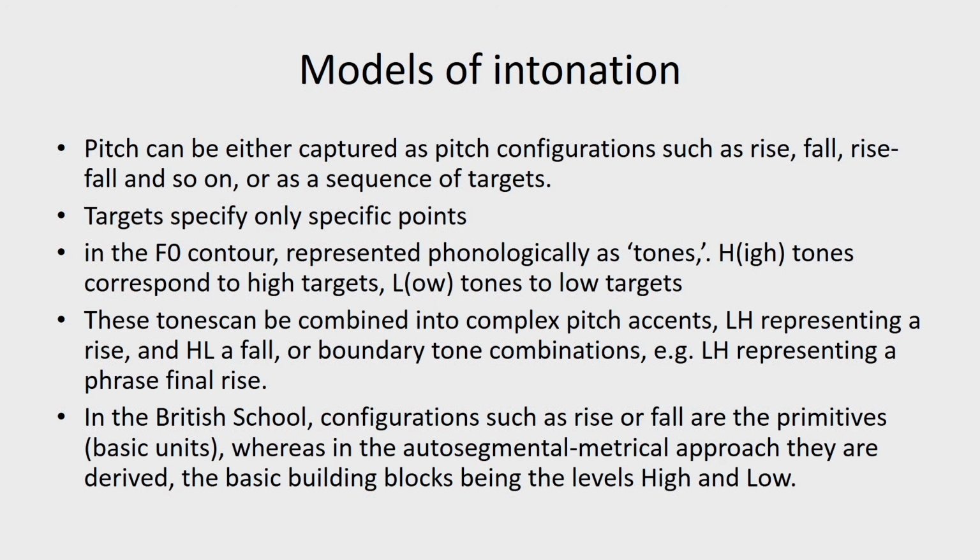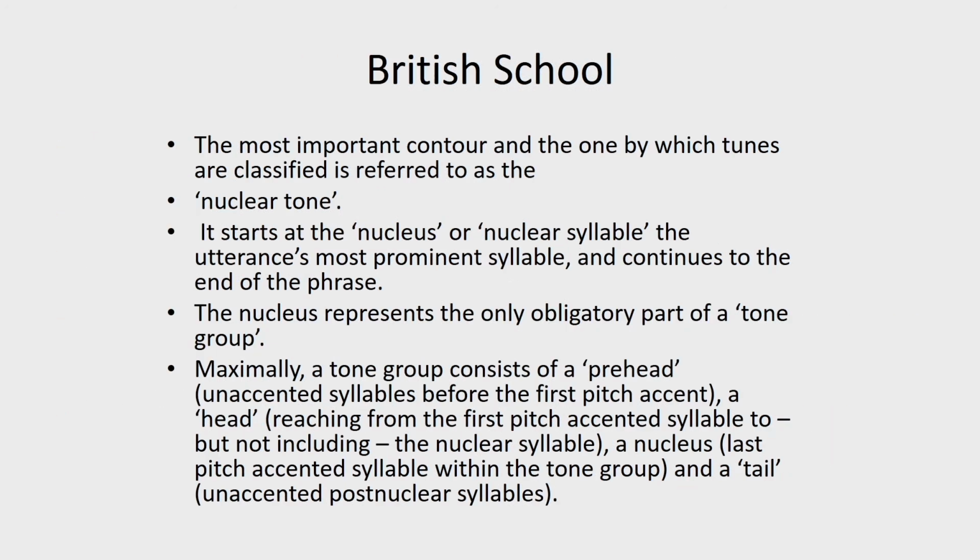So what are the models of intonation? We have the British school, which uses rises and falls as primitives, and then we also have the autosegmental, which uses high and low. The British school shows that the most important contour is the nuclear tone. It starts at the nucleus or nuclear syllable, the utterance's most prominent syllable, and continues to the end of the phrase, and the nucleus represents only the obligatory part of the tone group.